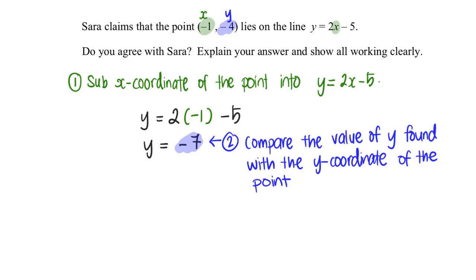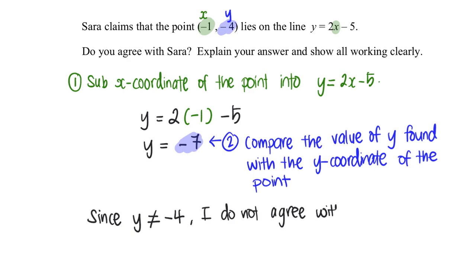But in this case, are they the same? No. One is -7, the other one is -4. So since y does not equal -4, I do not agree with Sarah.